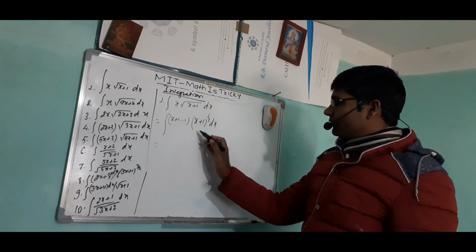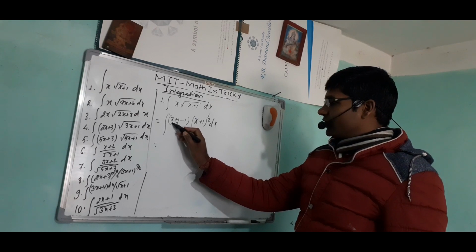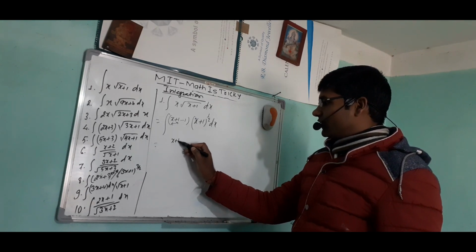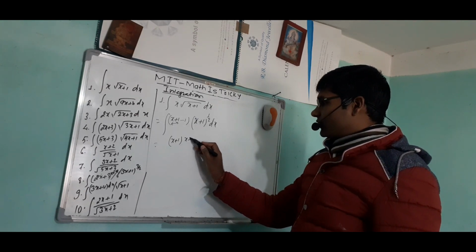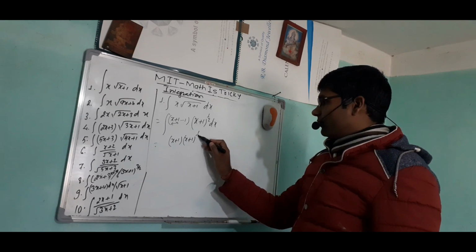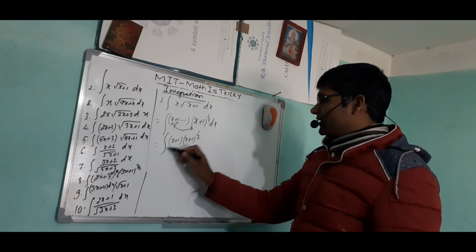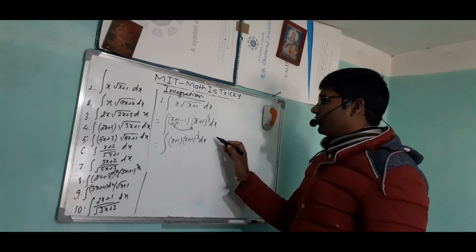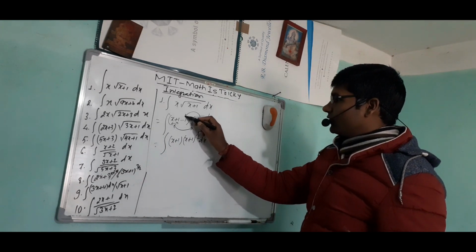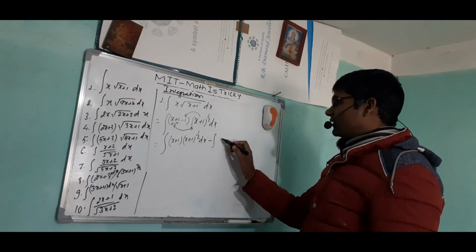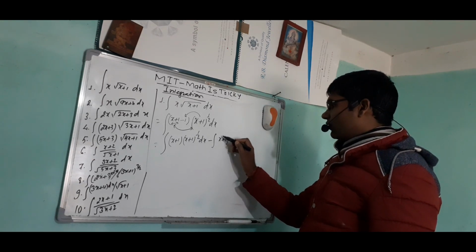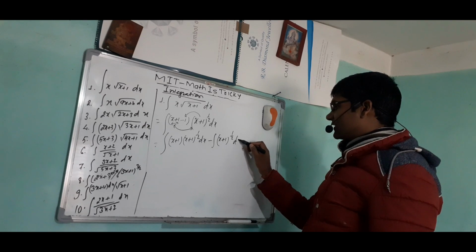Now let's multiply this. Consider this as one term, so we can write x plus 1 times x plus 1 to the power 1 by 2, multiplying these two. So the integral of dx, now multiply with 1, so minus 1 times x plus 1 whole power 1 by 2 dx.